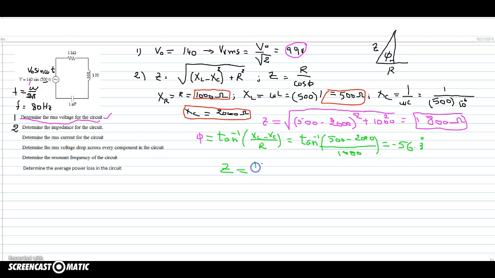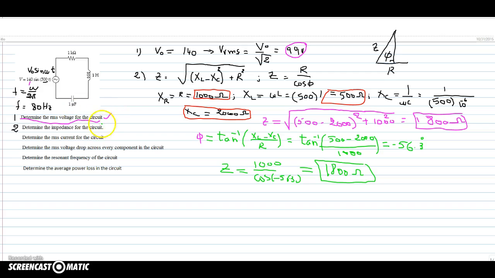It is 1000 divided by cosine of minus 56.3, and you are going to find almost the same thing, 1800 ohms. All right, so two ways to evaluate the total impedance.